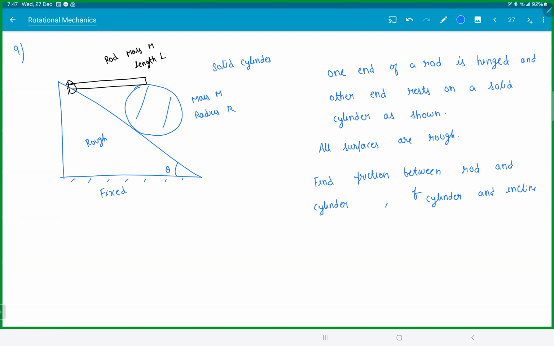There's a friction between the rod and the cylinder, and there's a friction between the cylinder and the incline. Find both the frictions. System is in equilibrium.